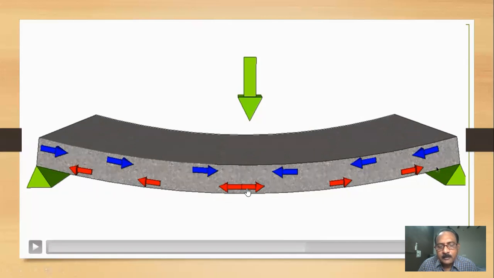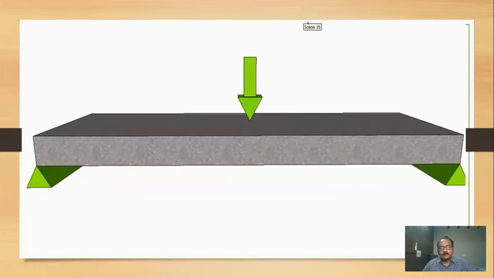That's why we will provide steel reinforcement at the bottom of the beam section. So in this case, the bottom half of the slab is going to be in tension, so we need to put our reinforcement in the bottom half of the slab. Not right on the bottom, because we have to allow for our cover, and not right to the ends, again for cover, but in the bottom half of the slab.